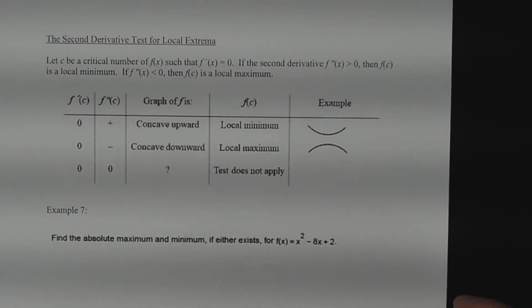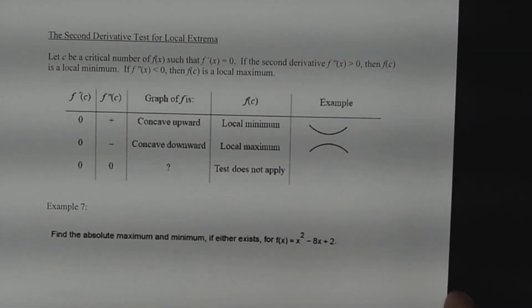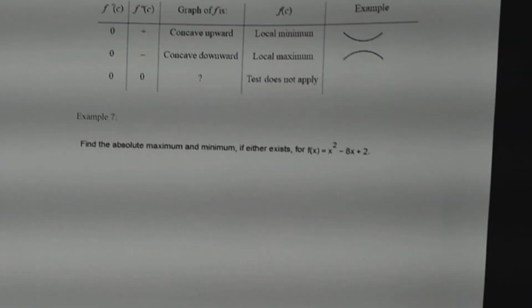Okay. So in this example, number 7, we're going to find the absolute maximum and minimum, if either exists, for f of x is equal to x squared minus 8x plus 2.